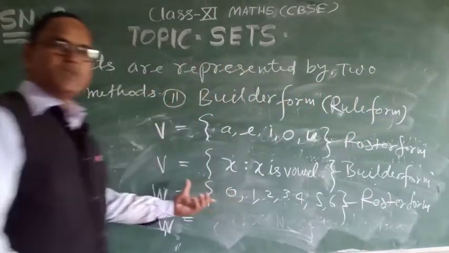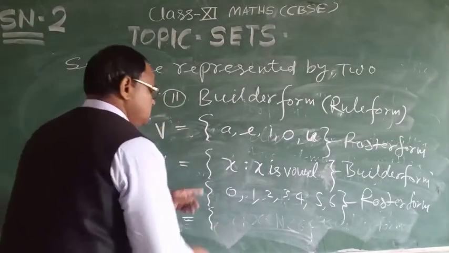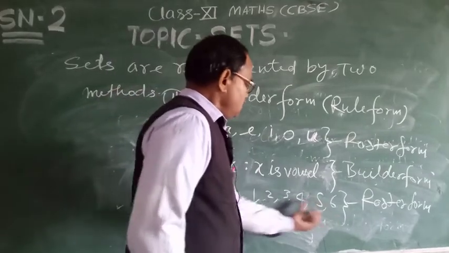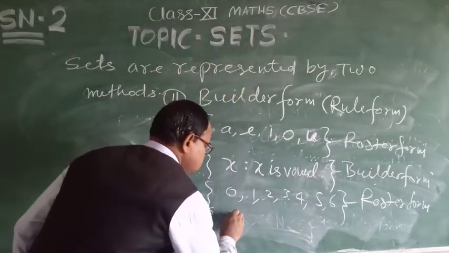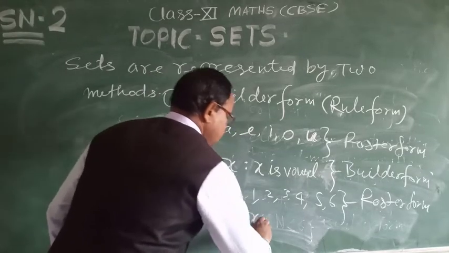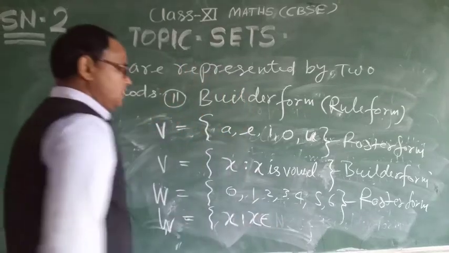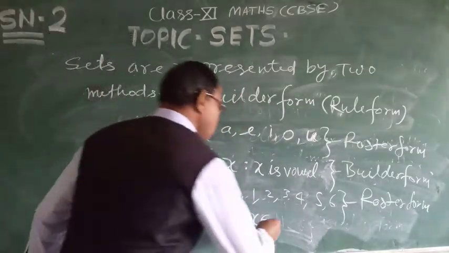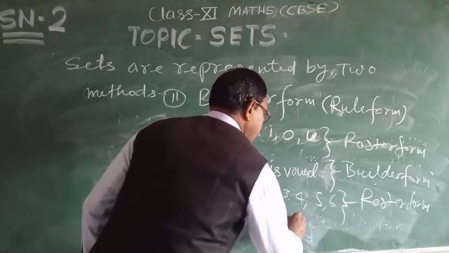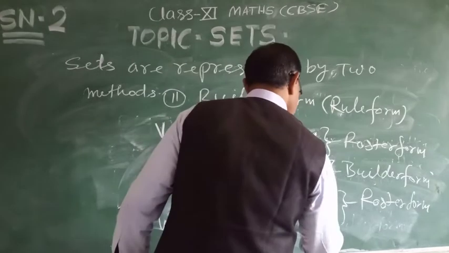This is the roster form, and here we write in a statement: x such that x belongs to whole numbers and x is less than 7.